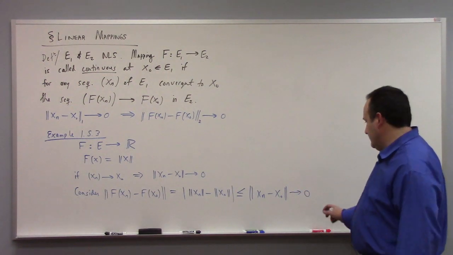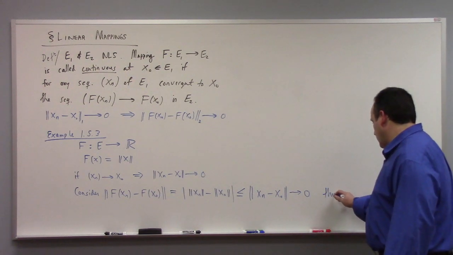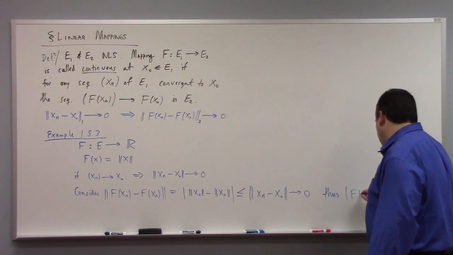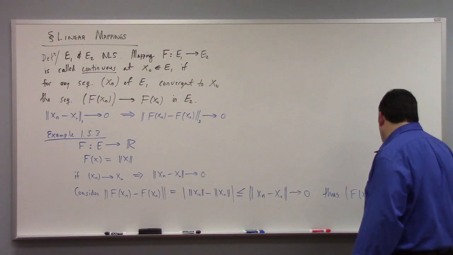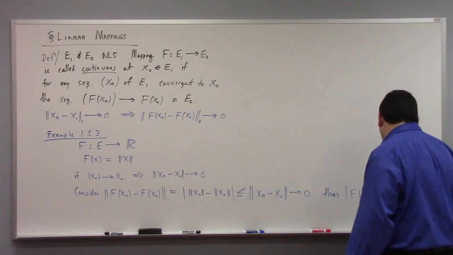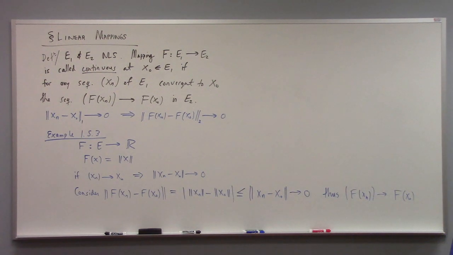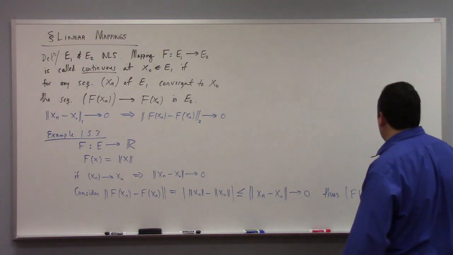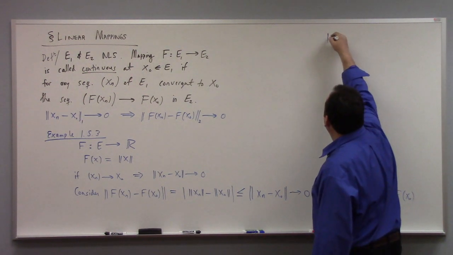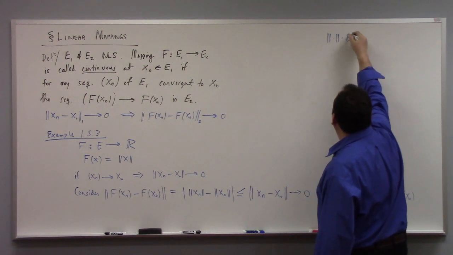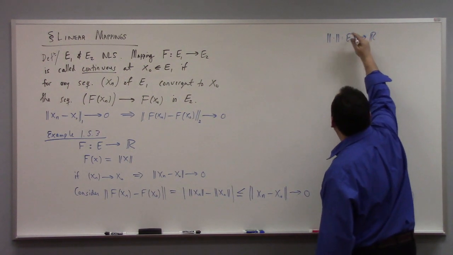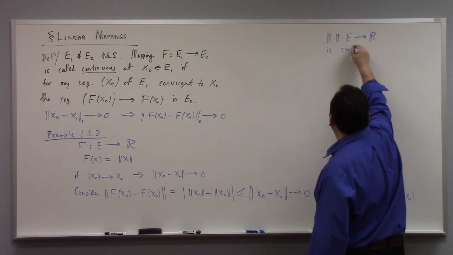So thus f of xn goes to f of x0, which shows you that this function is continuous at x naught, right? But x naught was arbitrary, right? So the norm is continuous on E. So therefore, the norm from E to R is continuous.